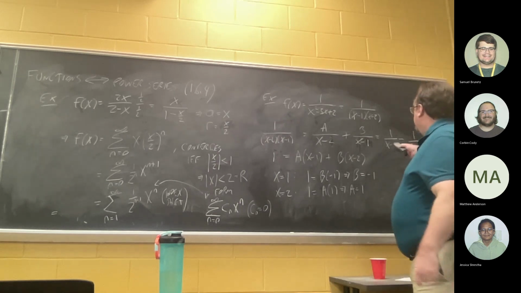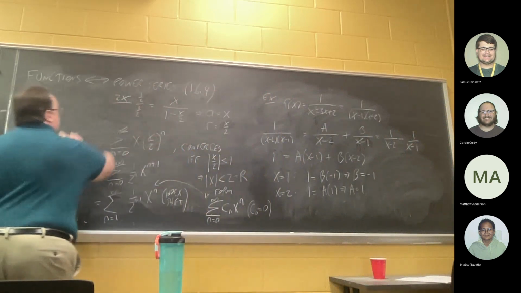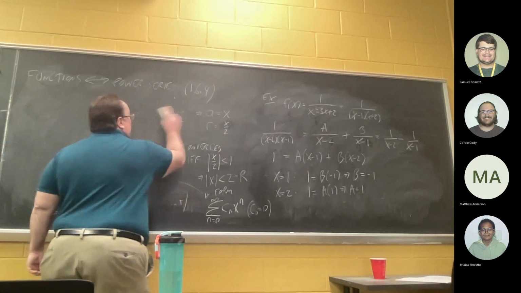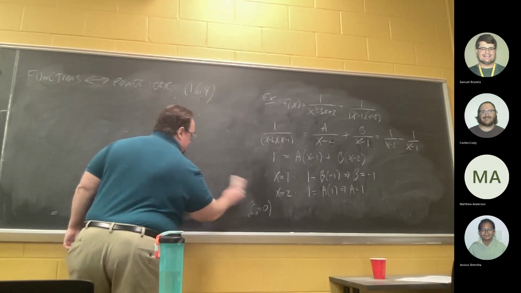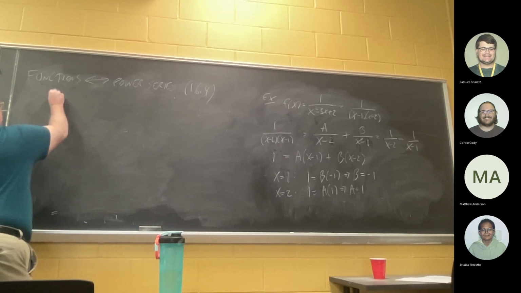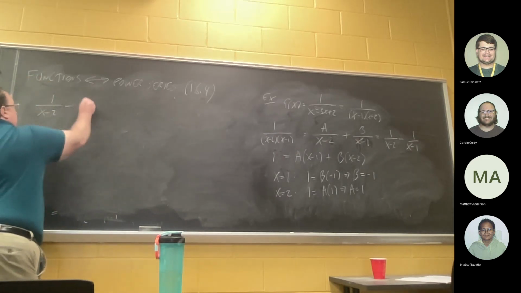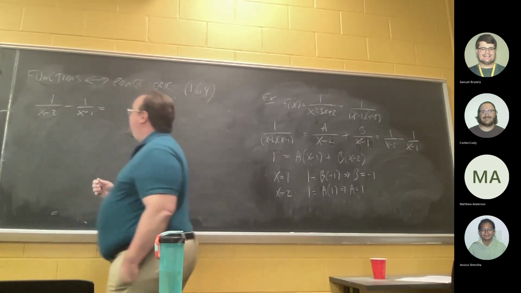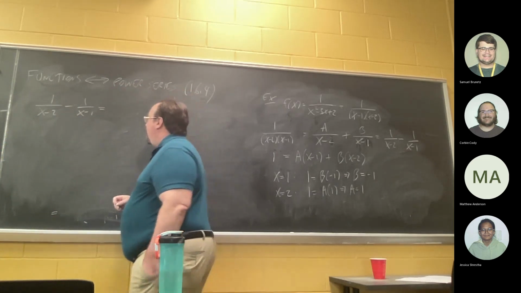So now we work with the function in this form to write it as a power series. We have 1 over x minus 2 minus 1 over x minus 1. Like before, I need to have the fraction where I have 1 minus something in the denominator.